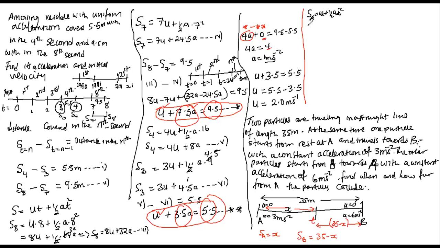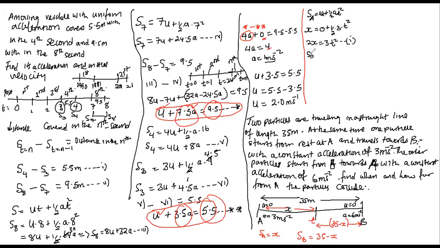So X is equal to the initial velocity 0 plus a half times 3 times T squared, giving me 2X is equal to 3T squared, equation 1.